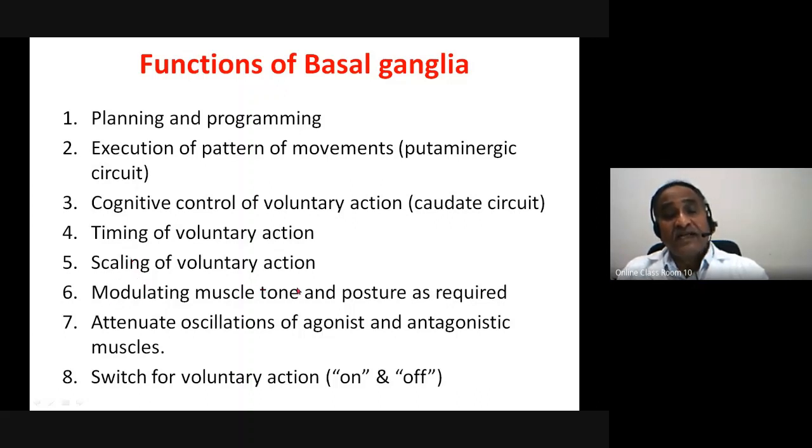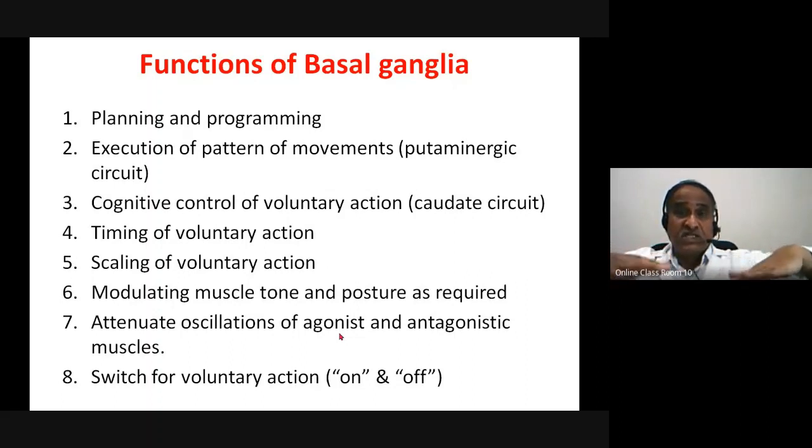And modulating the muscle tone and posture as required. Yesterday, I showed a number of pictures wherein every action is associated with a posture, and that is to be modulated according to the plan of the work. Then the basal ganglia dampens the normal oscillations present in the agonist and antagonist groups of muscles.